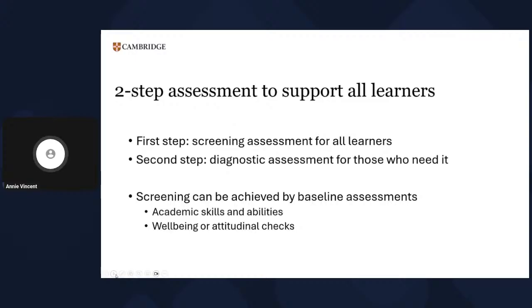So what we really need is a two-step approach to assessment, which is detailed on the screen there. We effectively need a first broad assessment, a screening assessment of skills, but also well-being, the kind of test that will alert us to potential academic or well-being needs across all learners, because we don't know who might end up presenting for us this year or in future.